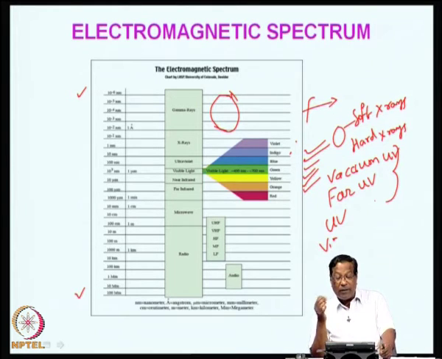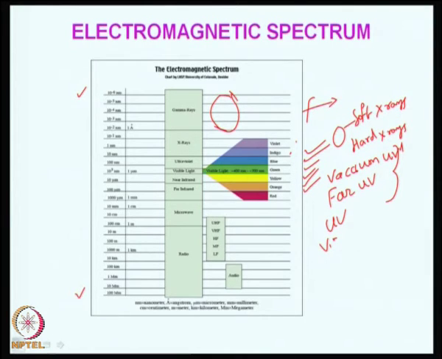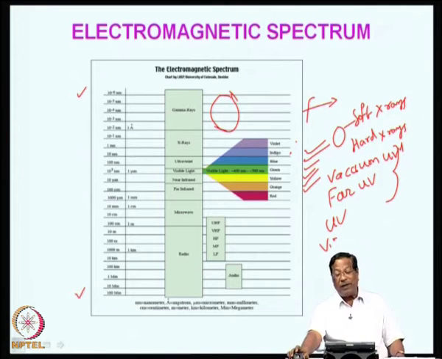One is vacuum ultraviolet, another is far ultraviolet, then we have normal ultraviolet. Up to 165 nanometers we have vacuum ultraviolet, and then from 165 to 180 it is all far ultraviolet, and 180 to 350 nanometers we have ultraviolet.